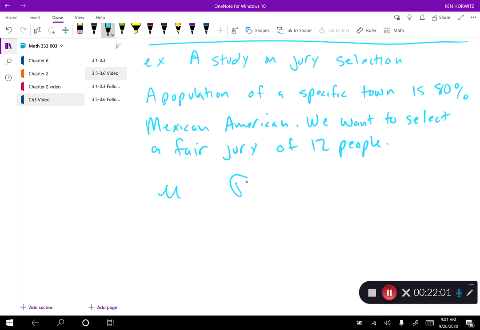All right, so the probability of success, or option 1, would be if I picked a Mexican American, so I'll say that is P, and I'll say Q is picking someone else.